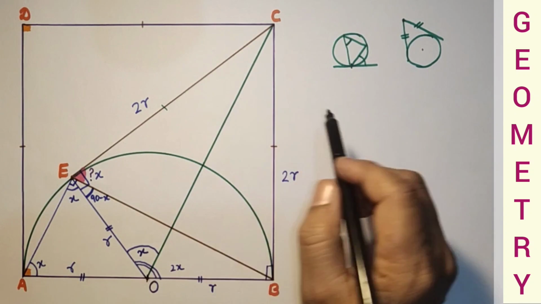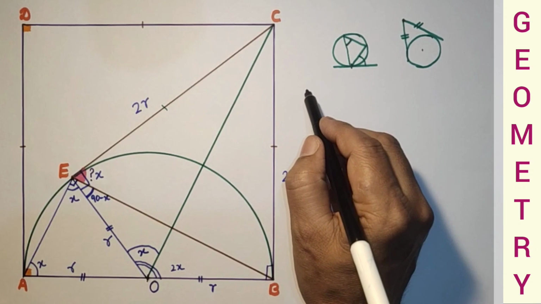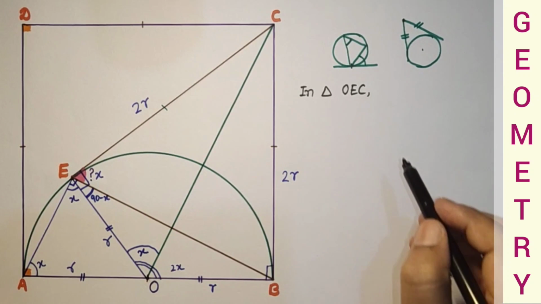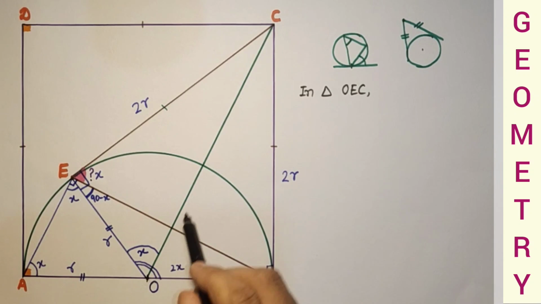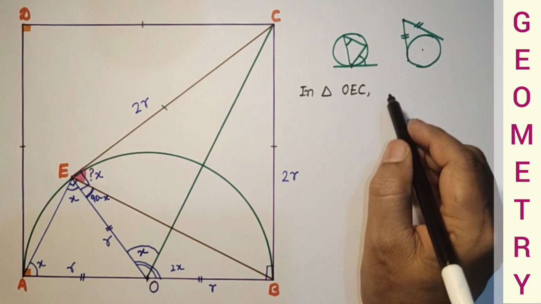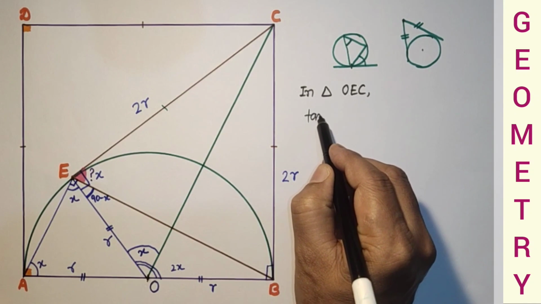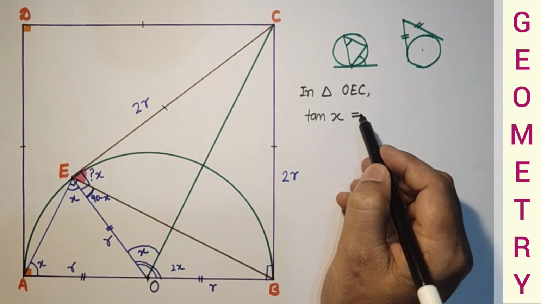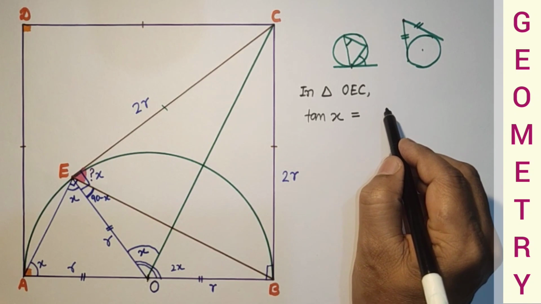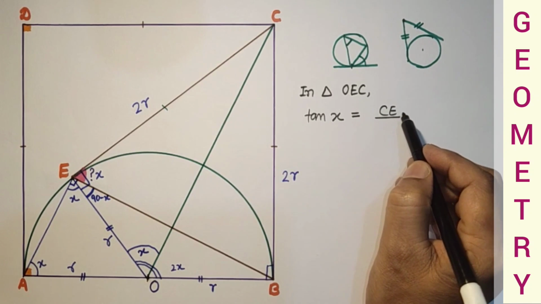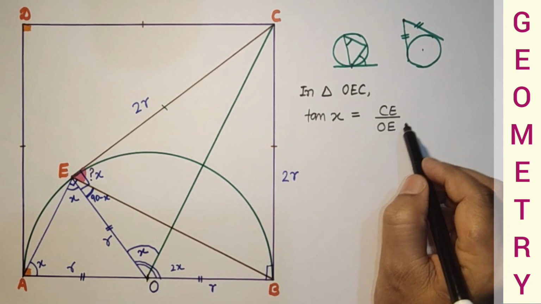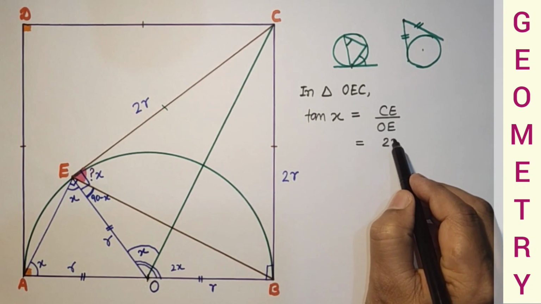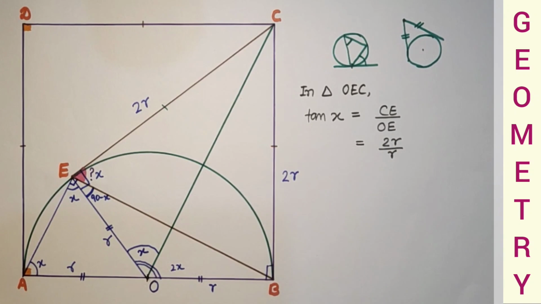So in triangle OEC, if we use tan x is equal to perpendicular upon base, which is opposite over adjacent, tan x is equal to CE upon OE, which is 2r by r.